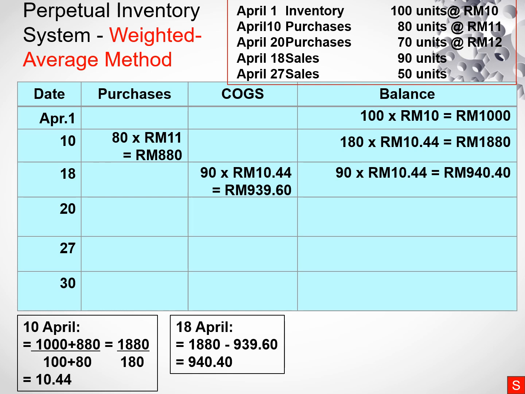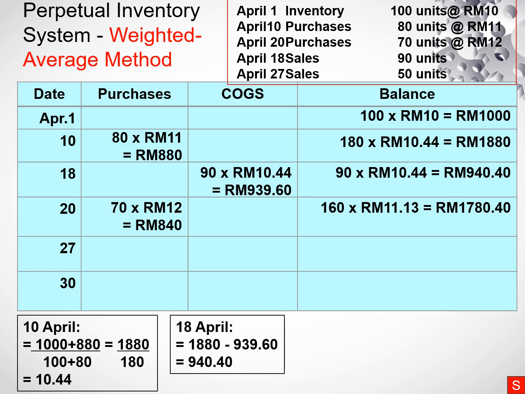And on 20th April, the transaction is purchase 70 units. So write down at the purchase column 70 units times 12 ringgit equals to 840. Now, when the purchase comes, you have to calculate the cost per unit. Now, the unit is 90 plus 70 equals to 160, and the cost is 940 and 40 cents plus 840.